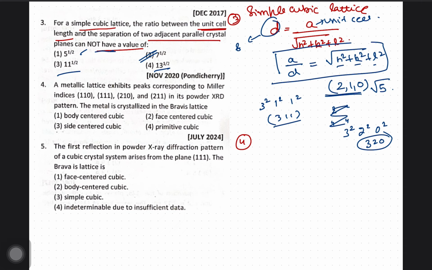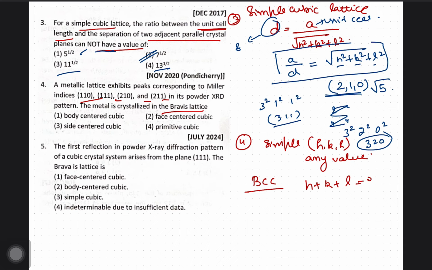Then the fourth is, a metallic crystal exhibits peaks corresponding to these Miller indices in its powder XRD pattern, it is crystallized in which lattice. Here you have to use a concept that for a simple cubic, any value of HKL is possible, any value. For BCC their sum should be even, for FCC HKL should be either all even or all odd, this you have to see.